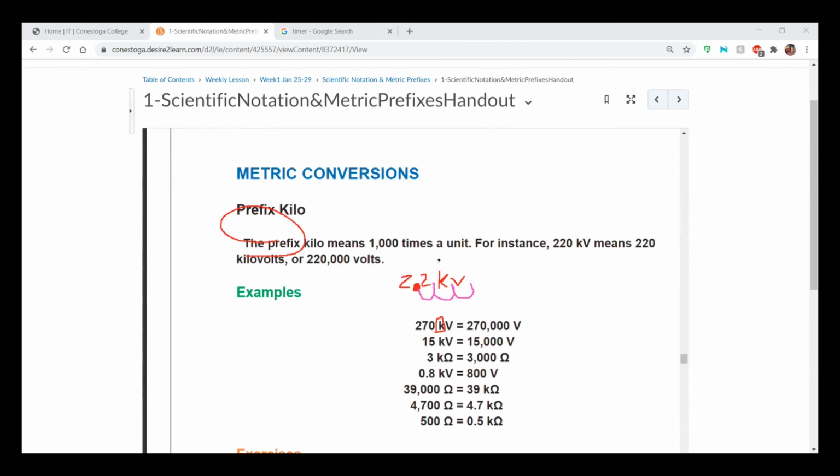So instead of saying that we have 2.2 kilovolts, we delete this dot from here, and then we fill in the gaps with zeros. 1 gap here, 1 zero here, 1 gap there, 1 zero there. So in this instance, we have 2,200 volts.